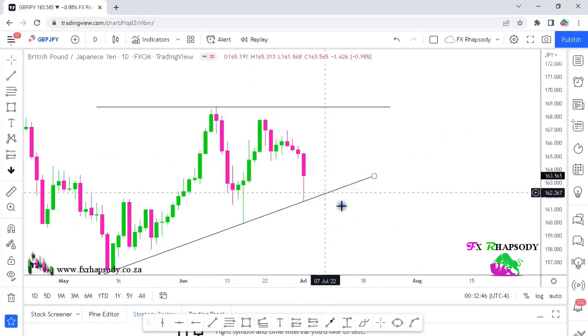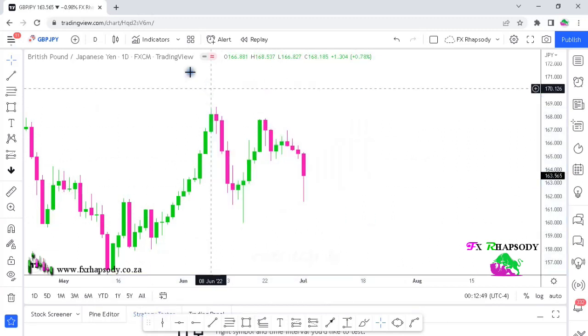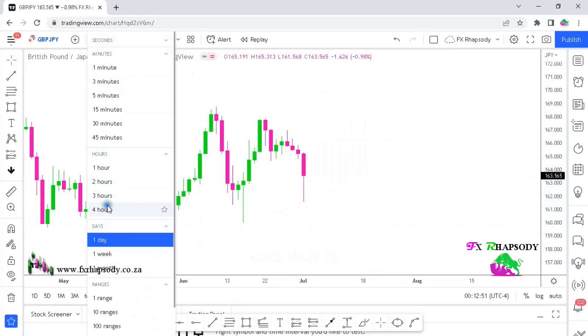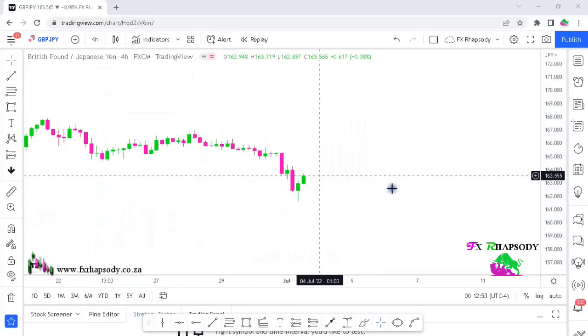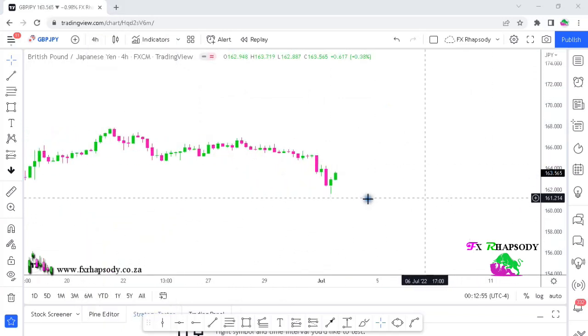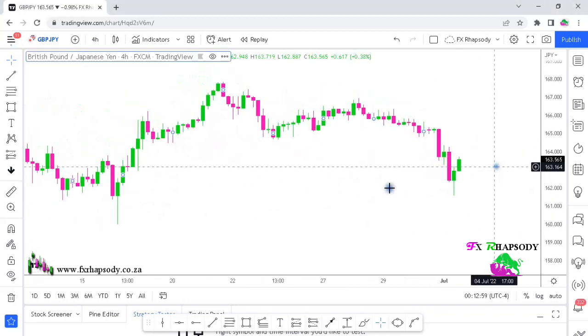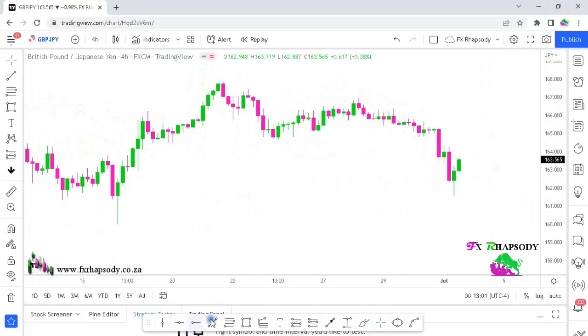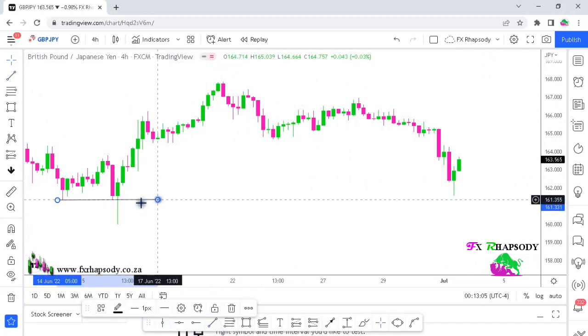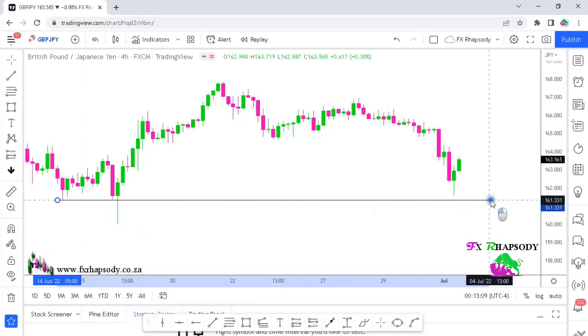Okay, now let's go on to our 4-hour time frame and see what is happening there. I'm just going to zoom in a little bit. Everything got stuck there for a minute. As you can see, we had our previous low over here. I'm just going to draw this to the side.